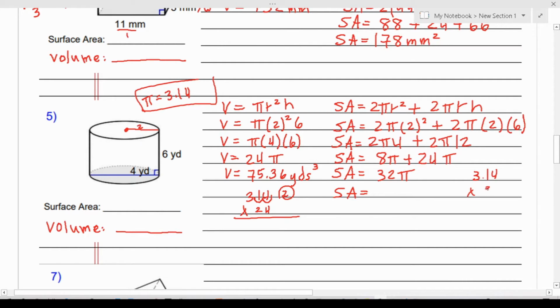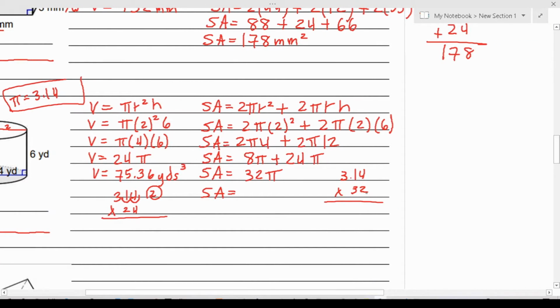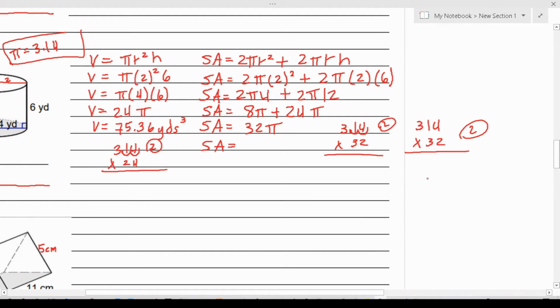3.14 times 32. Again, we should recognize that we're doing multiplication with a decimal and a whole number, which is going to prompt us to shift our decimal such that it makes this decimal a whole number as well. And in this case, to make 3.14 a whole number, we're going to have to shift the decimal 2 times to the right, which is going to make this 314 times 32, albeit with 2 decimals to shift back to the left at the end.